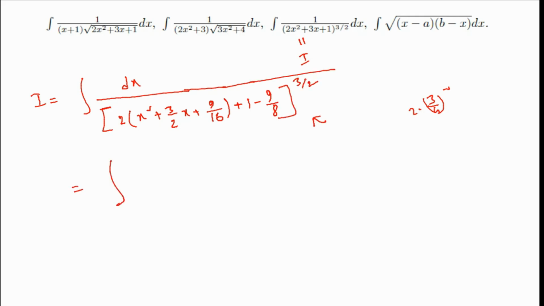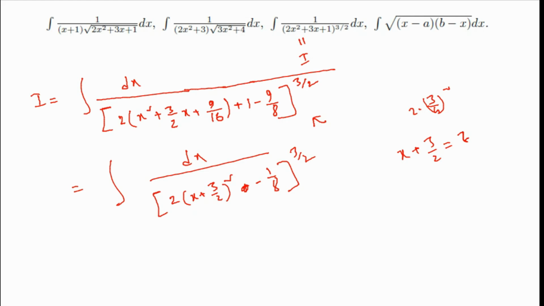Now integration dx by 2 into x plus 3 by 2 whole square plus, no, plus minus 1 by 8 power 3 by 2. Now x plus 3 by 2 equal to z, and dx will be equal to dz. This is dz, and we will have 2z square minus 1 by 8 power 3 by 2.